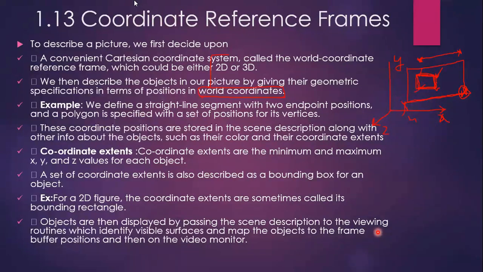So that's why objects are displayed by passing the scene description to the viewing routines, which identify the visible surfaces and map the objects to the frame buffer position. In the frame buffer you will understand where exactly the points or the vertices have to be located on the screen, and what the color is for the particular vertex.